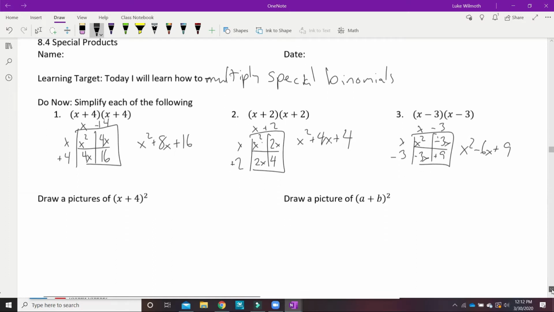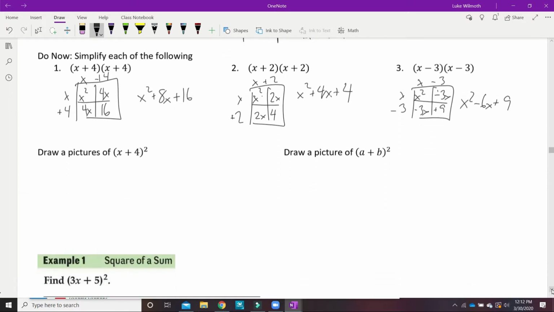So it says here, draw a picture of x plus 4 squared. We actually already did that up here. X plus 4 times x plus 4 is x plus 4 squared. That's what we got right here. And a picture of a plus b squared is going to be like this. A plus b and a plus b.